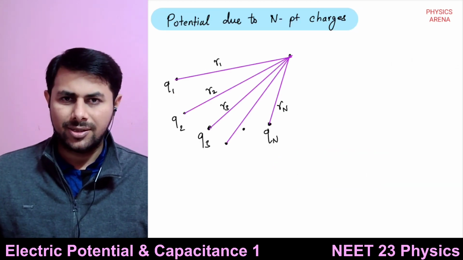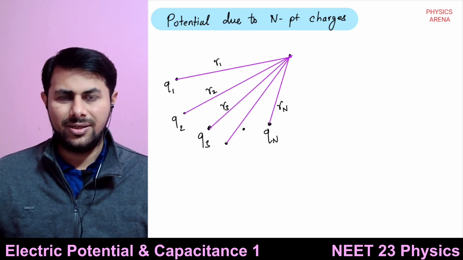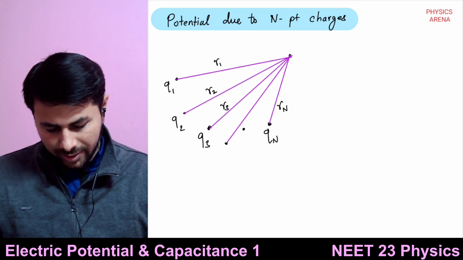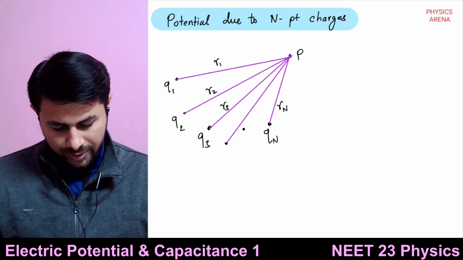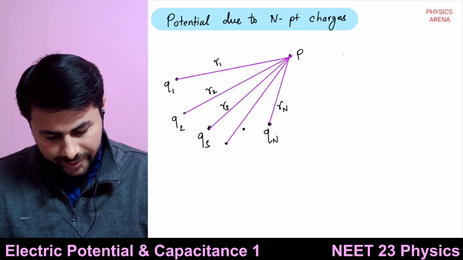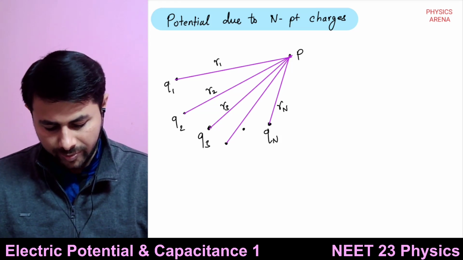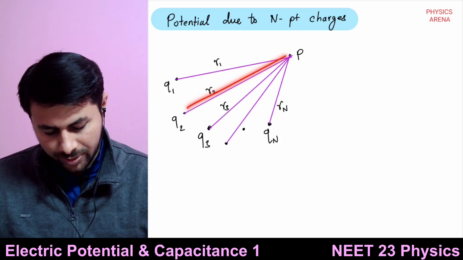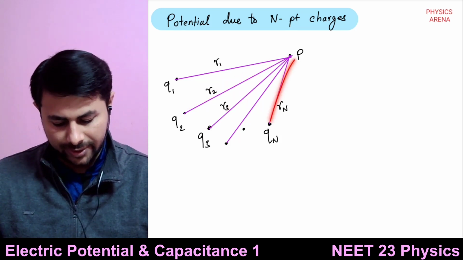Okay. So that means addition of potentials due to n number of charges is easy. It will be just a scalar addition. Okay. So suppose this is point P. Suppose the distance of point P from Q1 is R1, distance from Q2 is R2, distance from Q3 is R3, and so on up to Rn.